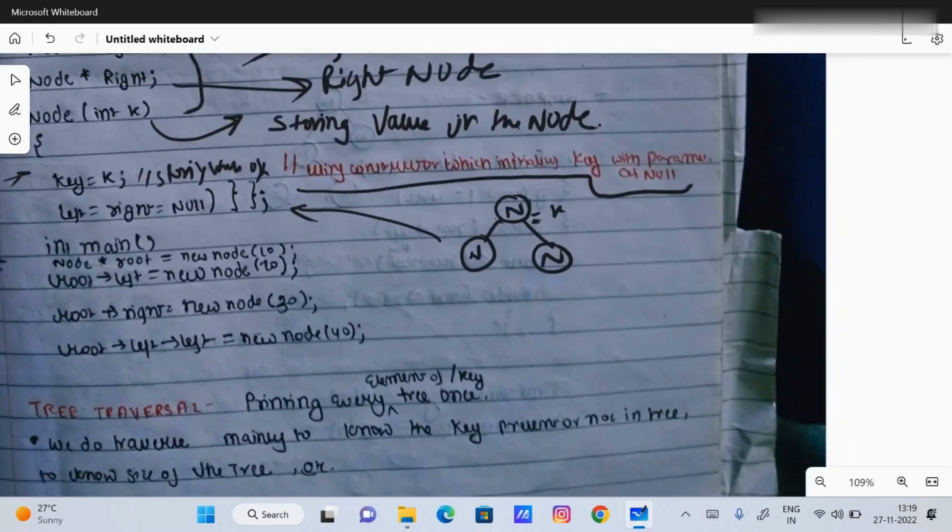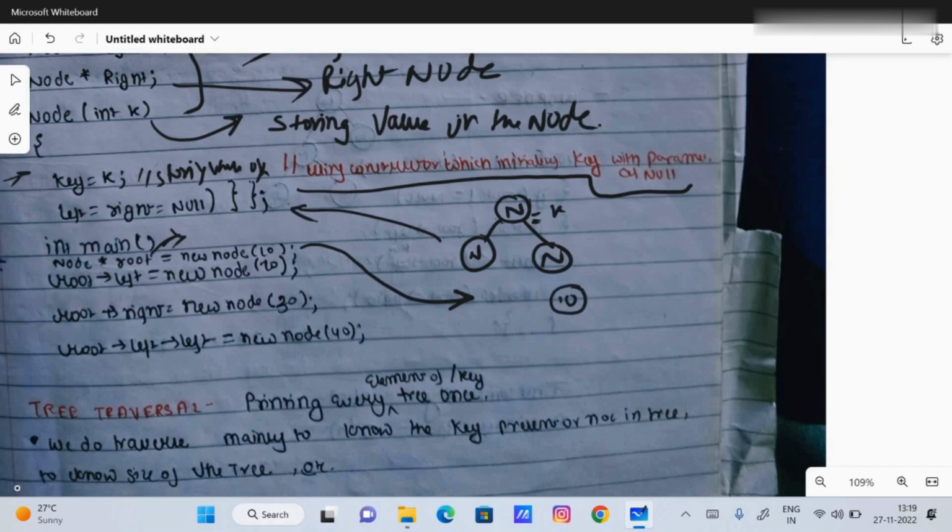Thereafter, coming to the main section, we have int main, node asterisk root is equal to new node 10. In the main section, we are defining the values that I want to give the root. Here we are representing the root, so we are storing the value 10 in the root.